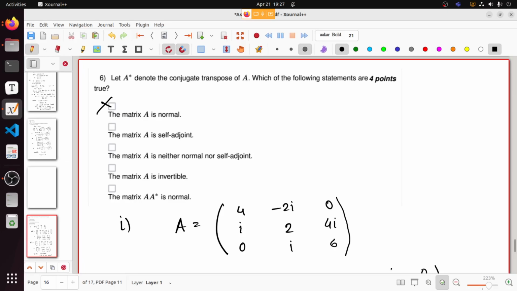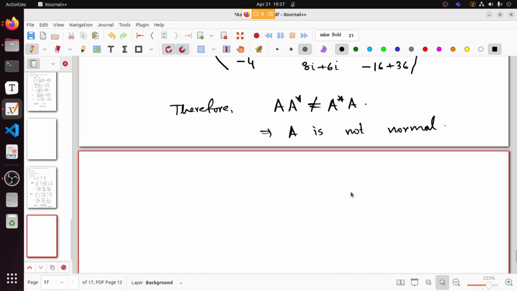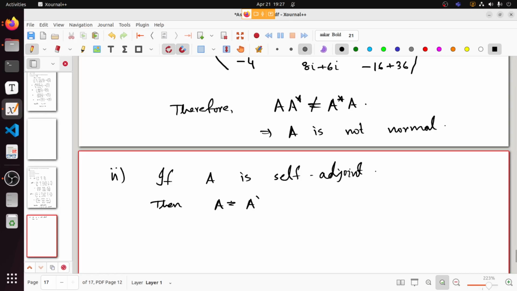Is the matrix self-adjoint? Suppose it is self-adjoint, then it is itself normal, right? Because every self-adjoint matrix is normal, but this is not normal. So if A is self-adjoint, then A equals A star, and A star A will be A squared.